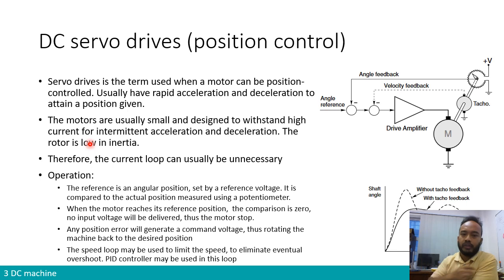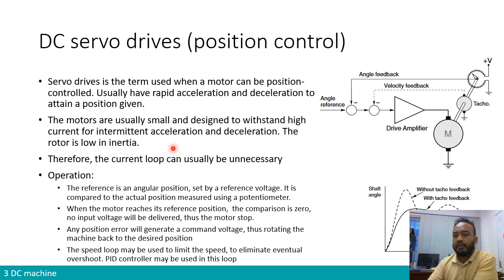You can imagine a robotic application, it moves from one side to another side and then goes back. So acceleration, deceleration intermittently. So the rotor is usually designed to have low inertia to make sure that we don't pull too much current.